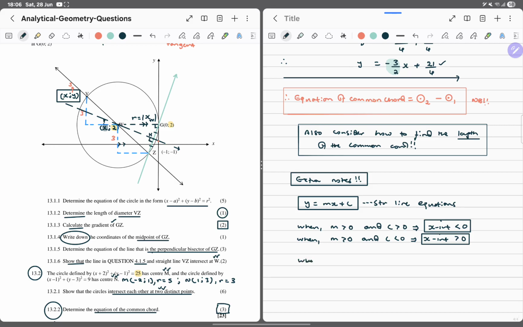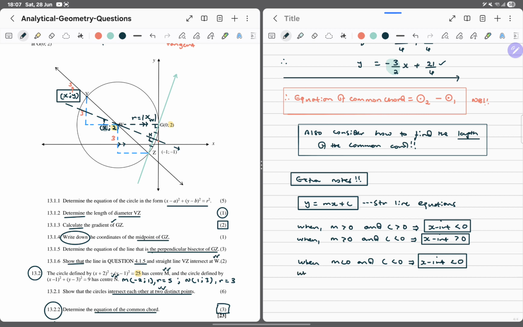When the gradient is less than 0 and the y-intercept is also less than 0, this implies that the x-intercept will also be less than 0. Right?